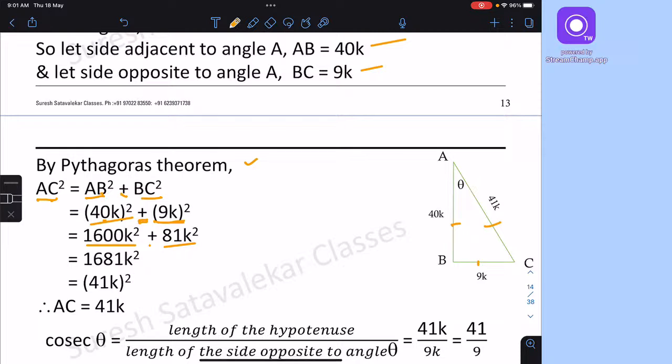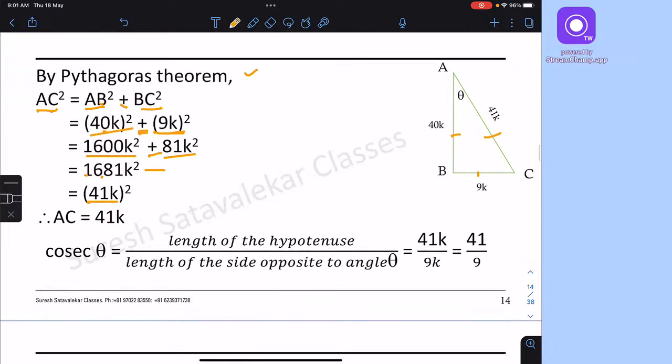If you add it, you are getting 1681k square. That is the square of 41k. 41k into 41k gives you 1681k square. So taking square roots of both sides, the square root of AC square is AC and square root of 41k square is 41k.